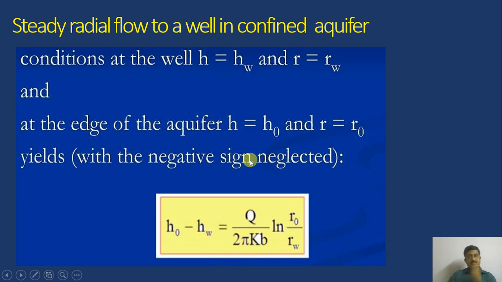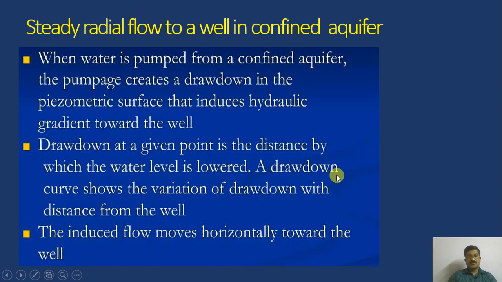Consider the conditions at the well, when H is equal to HW and r is equal to rw, and at the edge of the aquifer, H is equal to H naught and r is equal to R naught, where the negative sign is neglected.